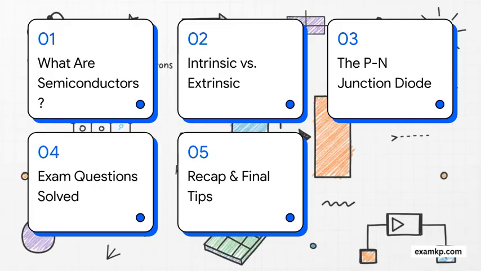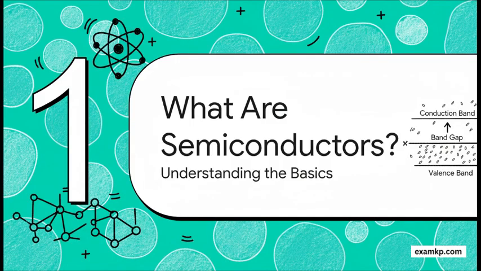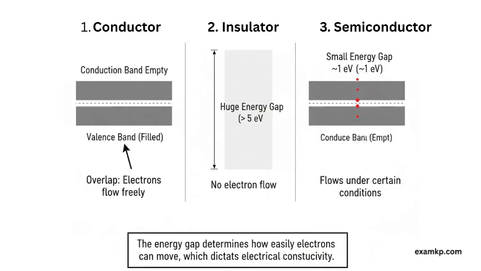Okay, let's jump into our first section. To answer those tricky exam questions, you need to get the basics right. So what really makes a material a semiconductor? Well, it all comes down to something called energy bands. You see, in any solid material, electrons live in these energy levels we call bands. Look at the diagram here.